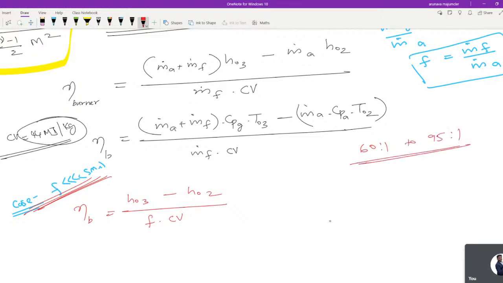Okay, these are air-to-fuel ratios for a gas turbine engine globally. And if they have given actual and ideal cases of air-fuel ratio, then you can also use the fuel-air ratio of theoretical by the fuel-air ratio of actual into 100%.